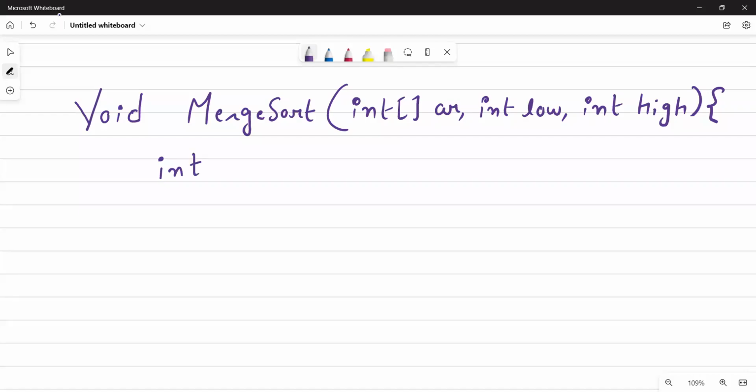So for that, there will be an if condition where you will check if at any point low is equal to high, then you know that you have reached a single element. Everyone able to follow this? And hence you need to return.